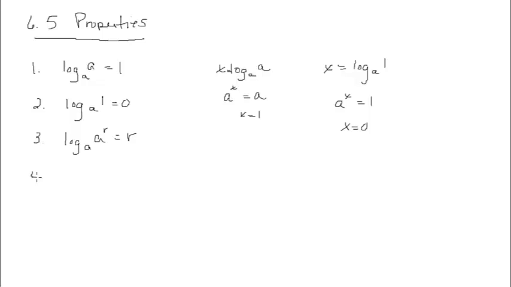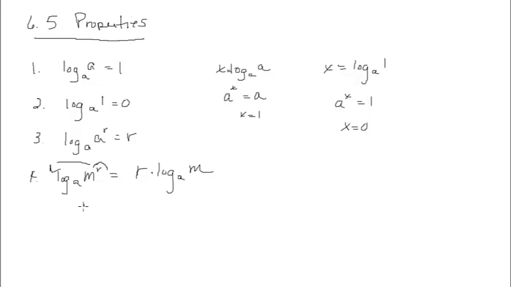Now, similarly, if I have log base A of m to the r, that r exponent will come down as a coefficient. So this is the same as r times log base A of m.